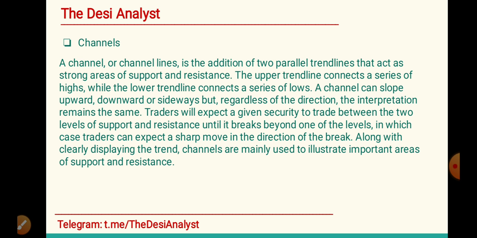Traders will expect a given security to trade between the two levels of support and resistance until it breaks beyond one of the levels, in which case traders can expect a sharp move in the direction of the break. Along with clearly displaying the trend, channels are mainly used to illustrate important areas of support and resistance.